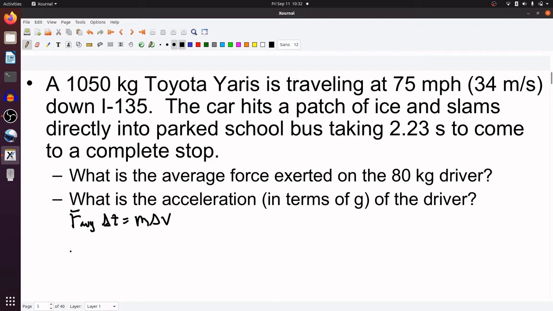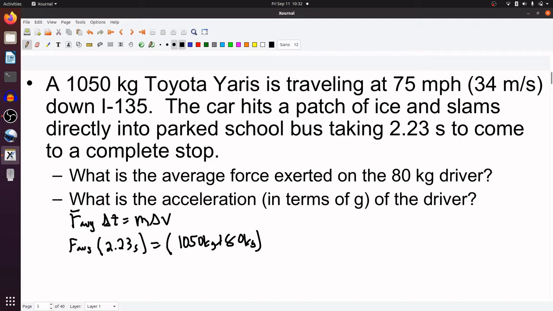We're looking for F. Our change in time is 2.23 seconds. Mass is going to be the mass of our car, and there is a passenger in there, because that's going to matter too. So plus 80.